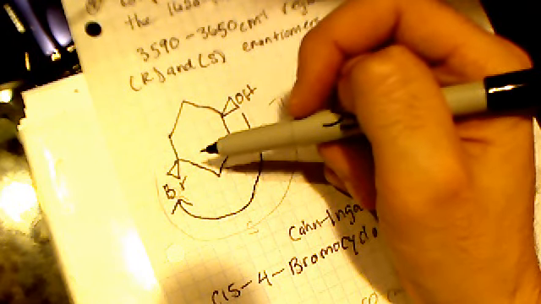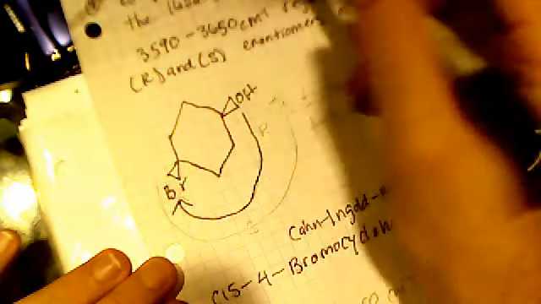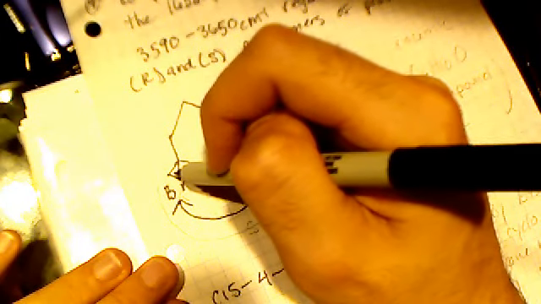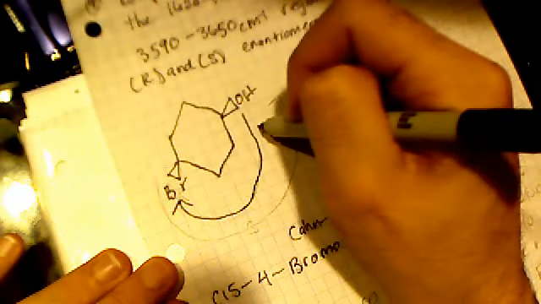Bromine has higher molecular weight. So I had to go clockwise to get there. That's the fastest way to get there, clockwise, so it's R.